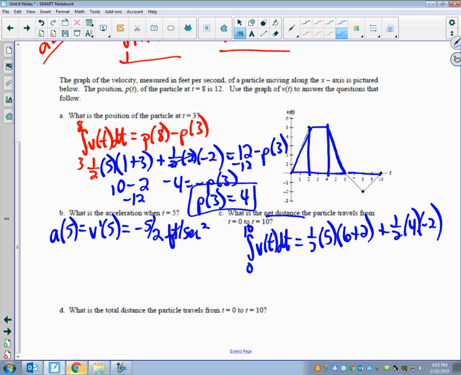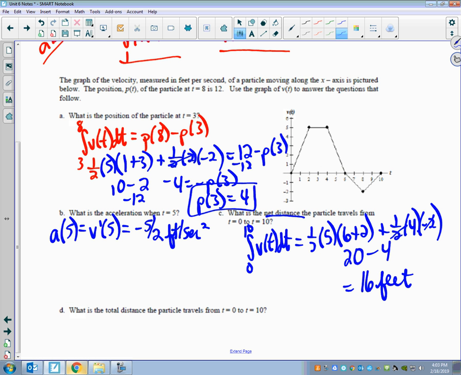So 8 divided by 2 is 4. 4 times 5 is 20 minus 4. The net distance traveled would be 16 feet because it traveled 20 in a positive direction and then -4, or 4 in the negative direction.